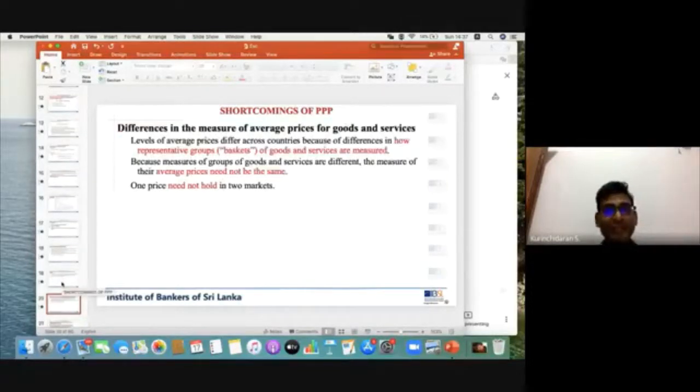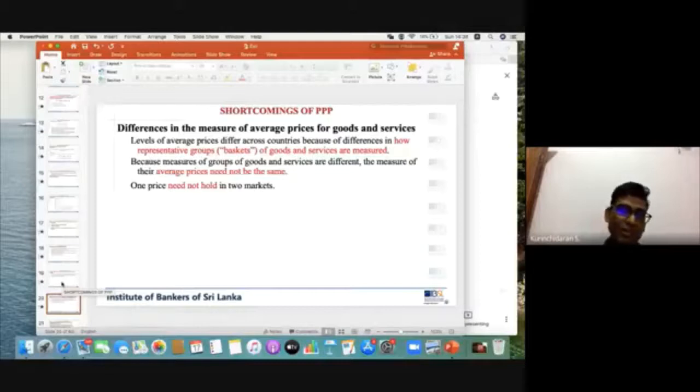And then there are differences in the measures of average price for goods and services. As said, this is how the average price is calculated. But the problem is the Sri Lankan basket of goods is different from the US basket of goods, or maybe from the Canadian basket of goods.